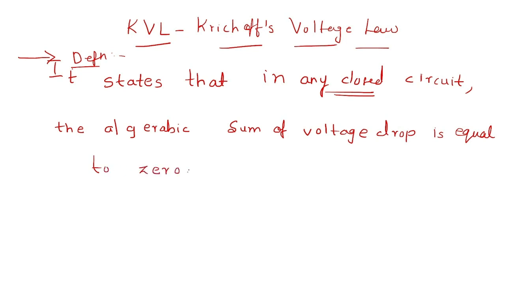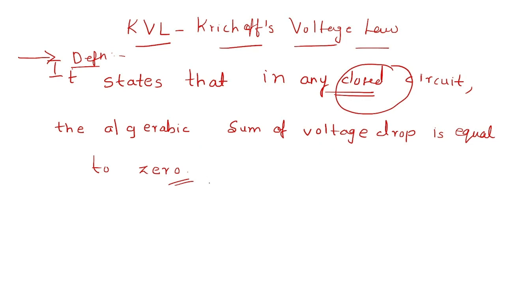Please make a note of it. So when you have KVL, Kirchhoff voltage law, it states that in any closed circuit, please make it a point and note it: in any closed circuit, the algebraic sum of voltage drops is always equal to 0.